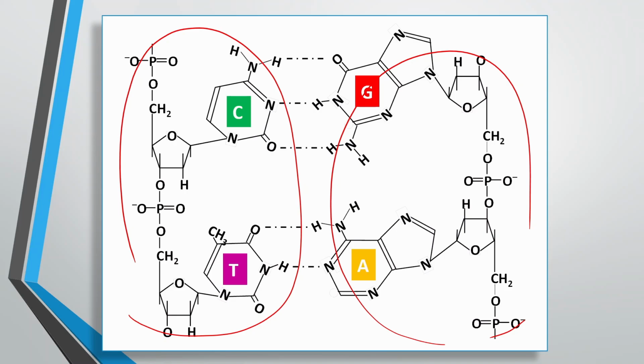And that gives us our rungs in the middle, where G and C are bonded to one another, right? And A and T are bonded to one another, giving us the appearance of a ladder. And this image, what we're looking at here in 2D, would be if we laid the DNA out flat, so it's not twisted in its helical shape.